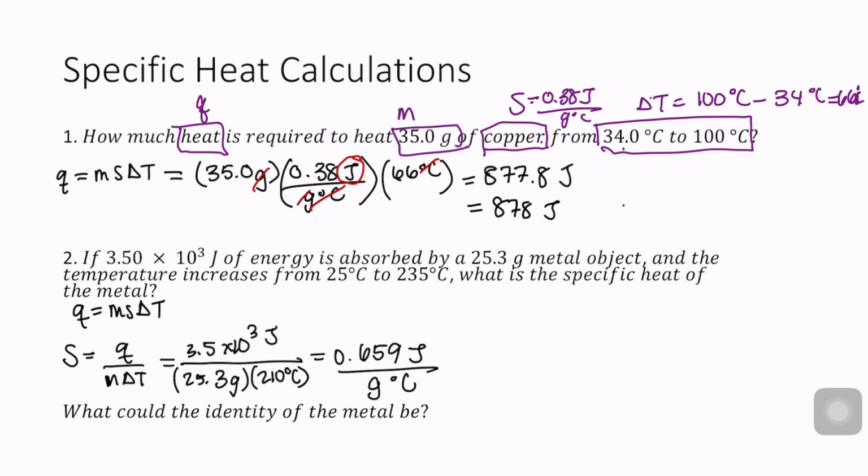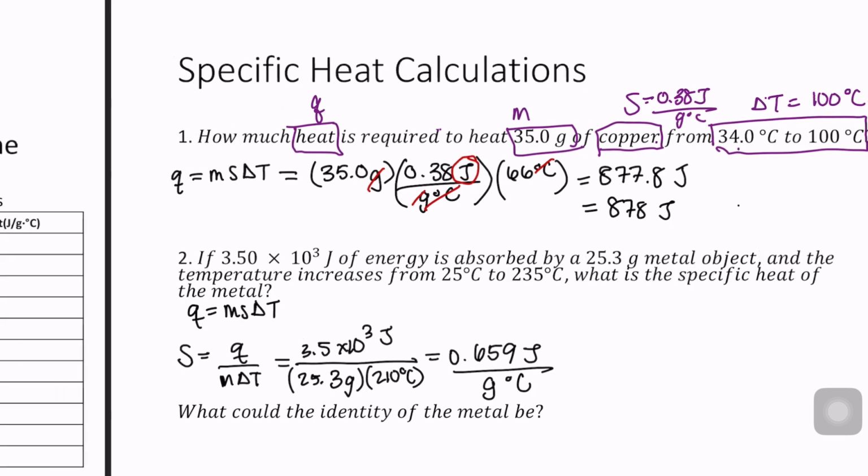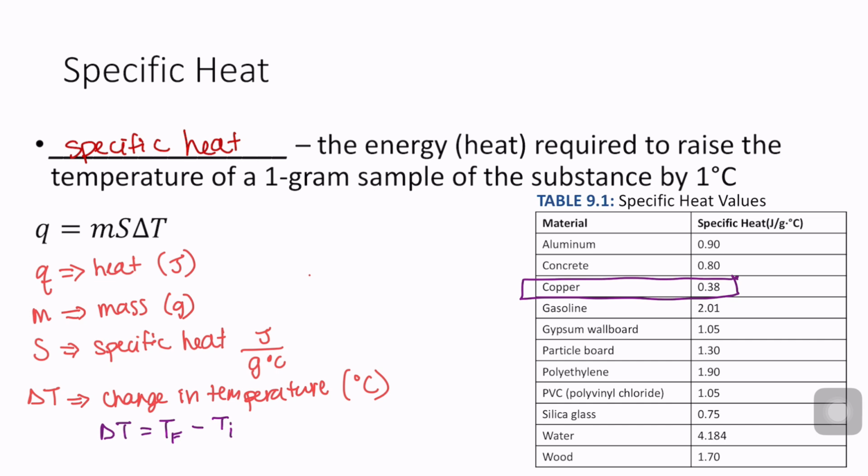Now, since specific heat is specific to each substance, I can use this value to figure out what the identity of that metal object could be. So if I go back to my table here, I know it's not copper because copper has a specific heat that is much lower. So I can just go through and reason my way through this. And keep in mind, this is a very limited table. I see that silica glass has the closest value, but is silica glass a metal?